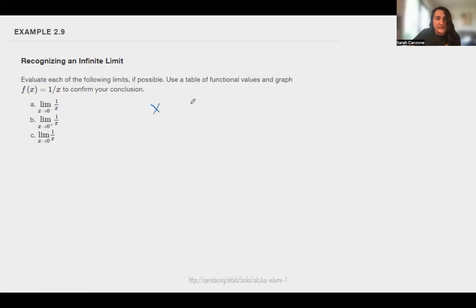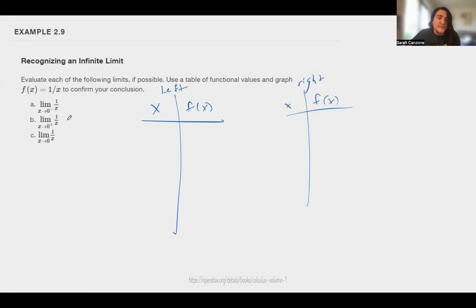We'll say x, f of x, and then I'll make another one, x and f of x. We'll do this one as the left and this one as the right. And since it's 0, 0 minus 0.01 is negative 0.01.